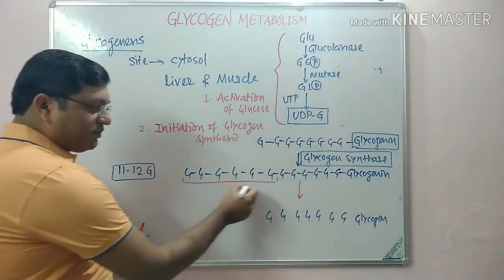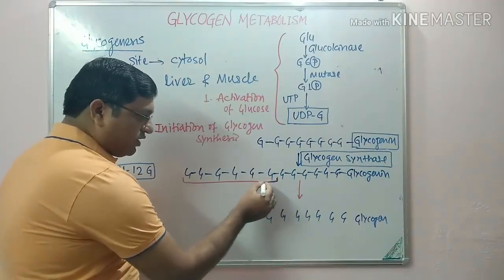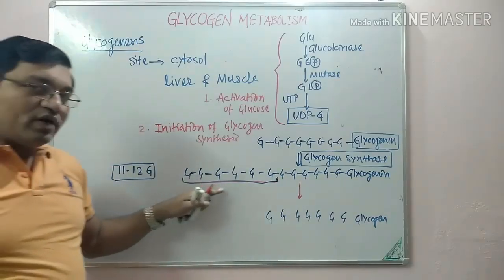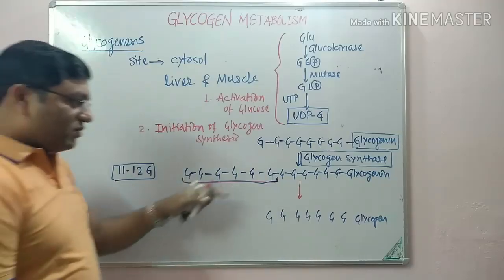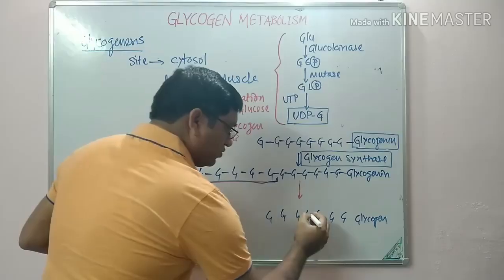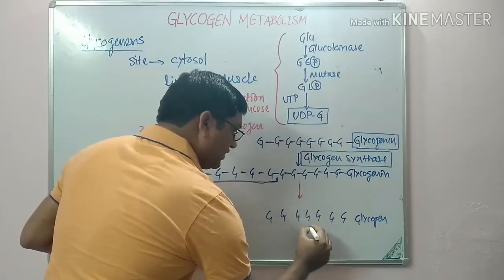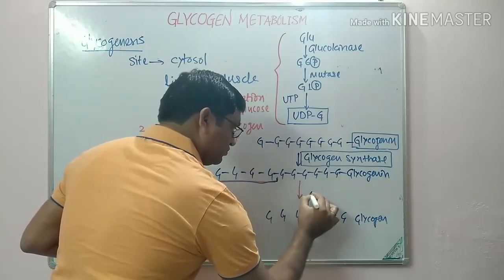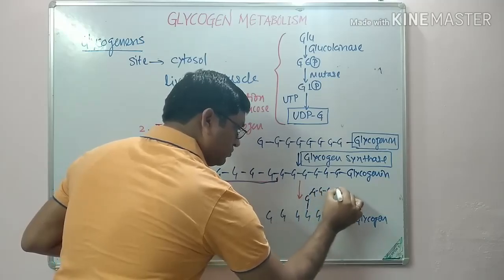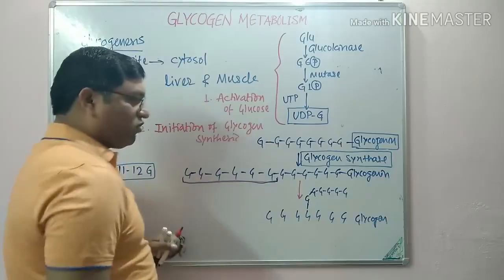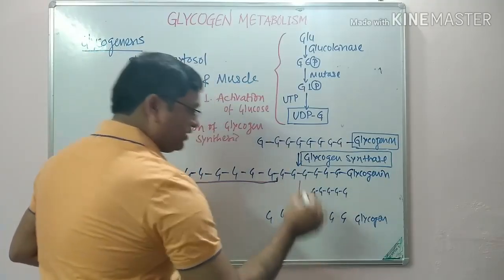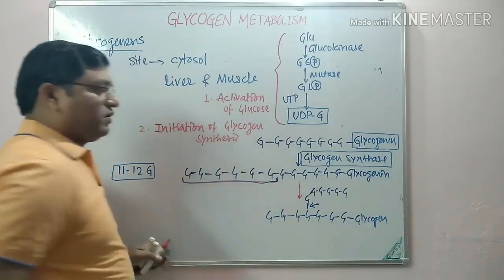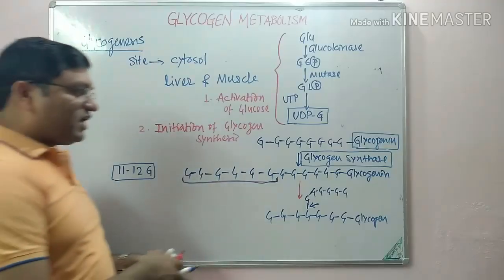There is detachment of this short oligosaccharide chain of 6 to 8 glucose residues from this linear molecule to another site, and there is formation of this branch point by the action of branching enzyme.